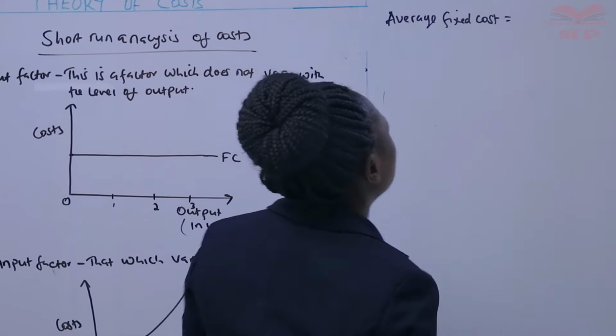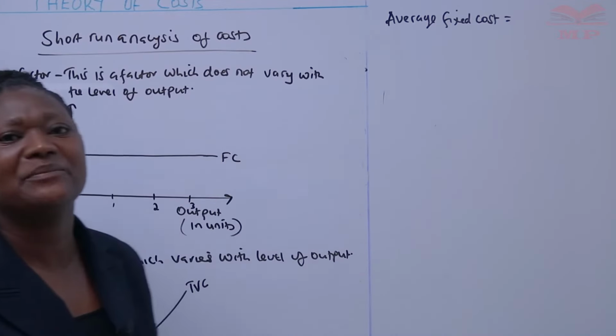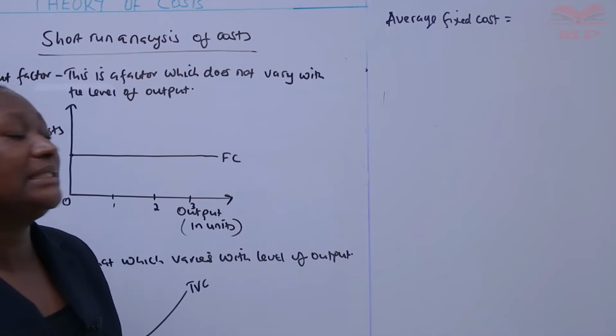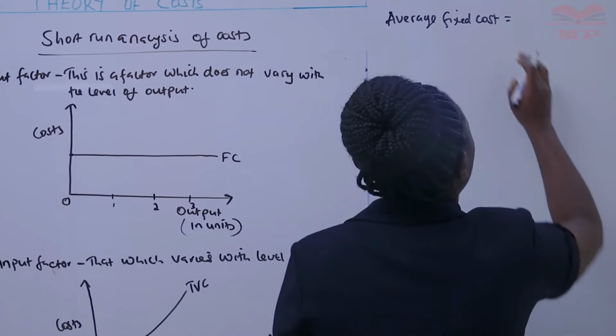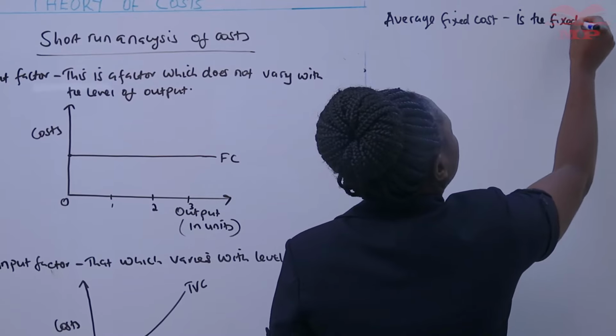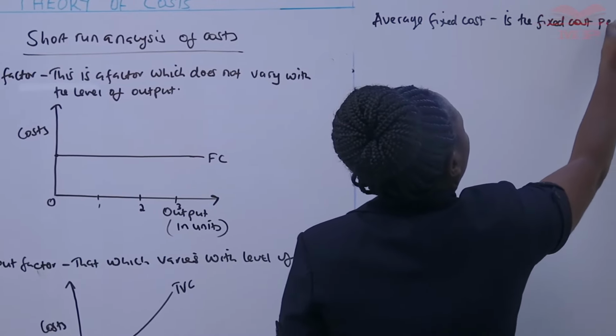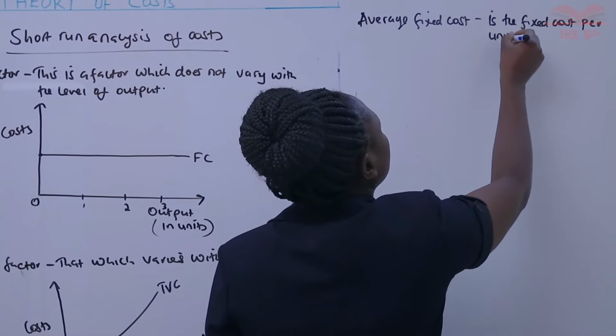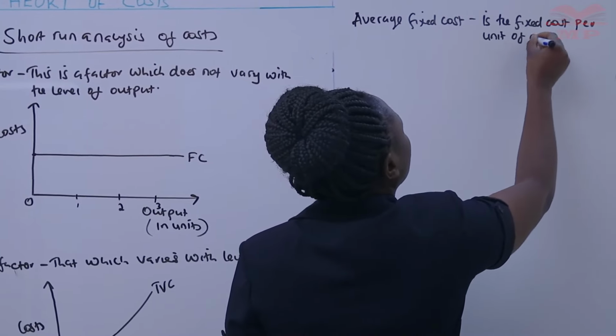So what is average fixed cost? Average fixed cost is simply the fixed cost per unit, the fixed cost per unit of output.